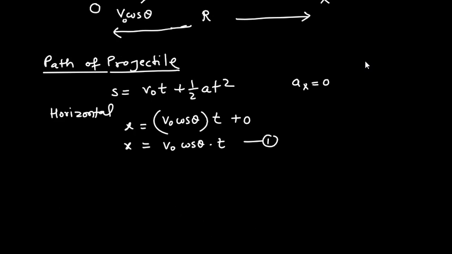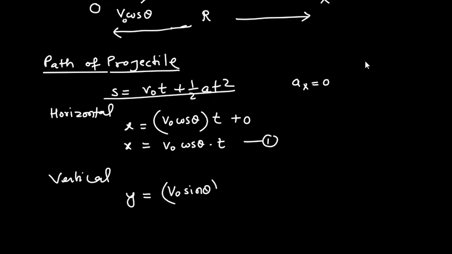Similarly, we shall use the same equation for vertical motion. So in vertical motion, instead of s we can write y, and in vertical motion we can write v naught sine theta, and this is t.